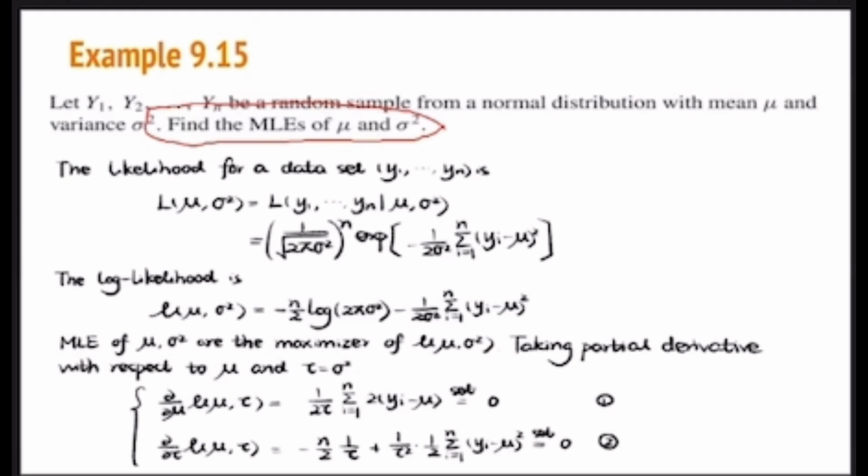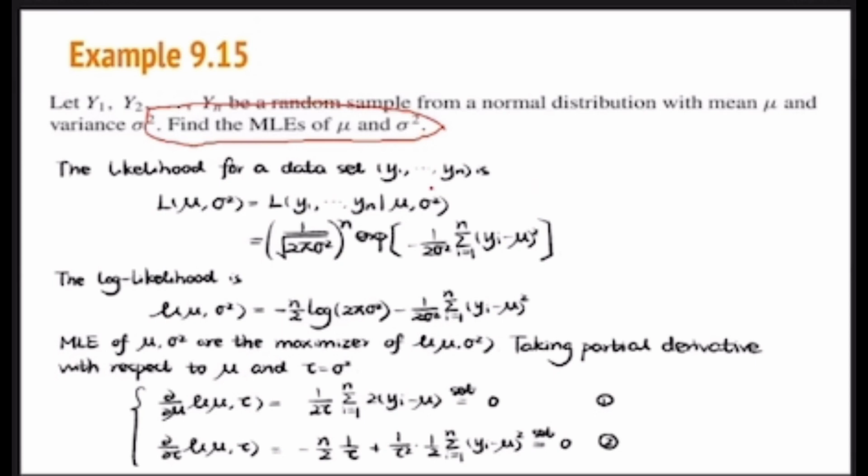And the minimum variance unbiased estimator when we applied the Rao-Blackwell theorem for mu was Y bar, the sample mean. For sigma squared it was S squared, the sample variance. Now, let us obtain the maximum likelihood estimator of this.